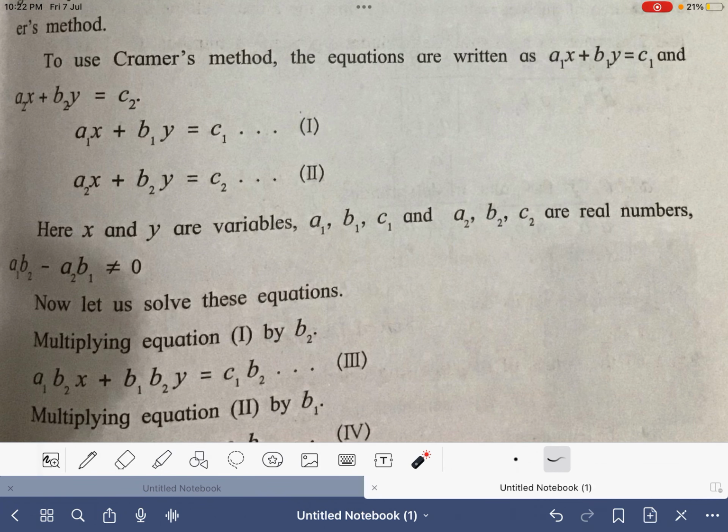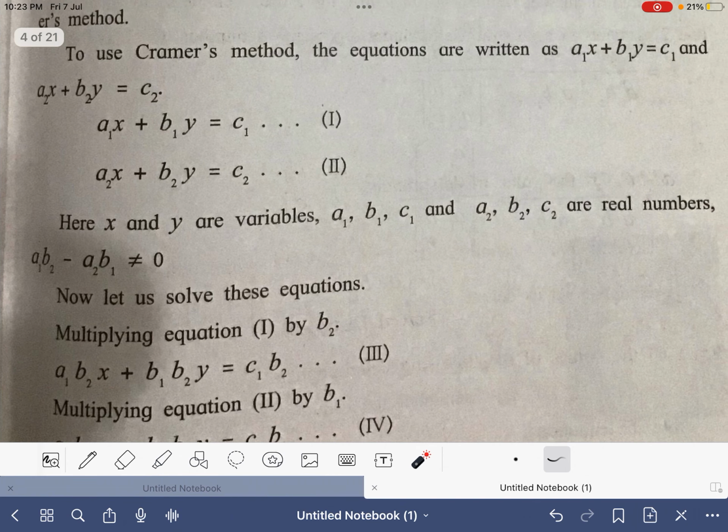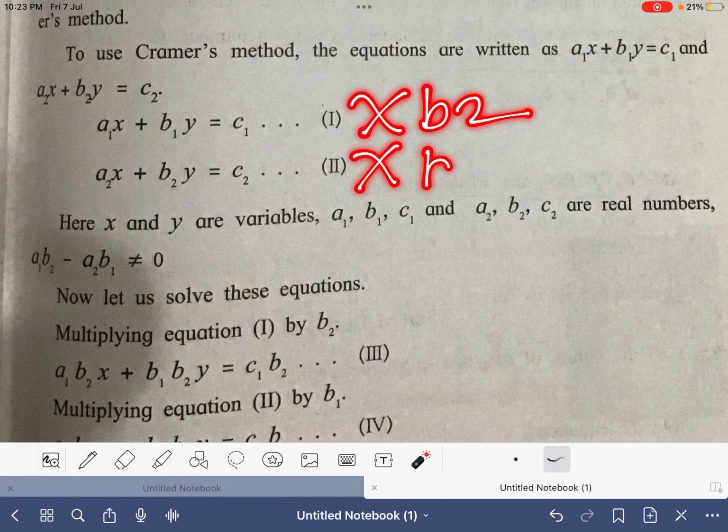So let's look into that. Here is b1y and here is b2y. So what do we have to do? Multiply the first equation by b2 and multiply the second equation by b1. So what will happen?